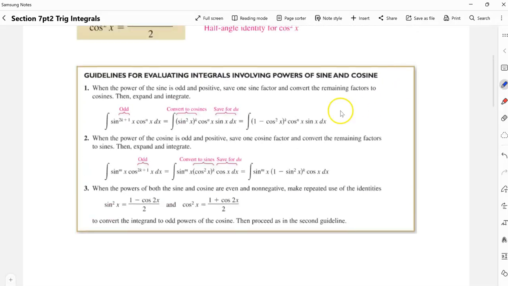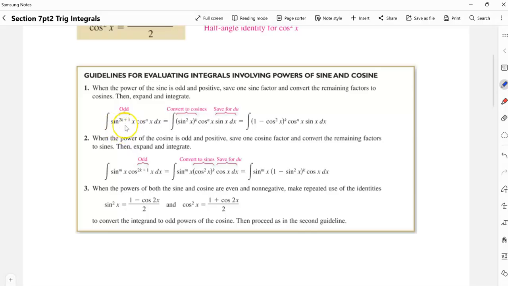So we could come up with some guidelines, and these are some possibilities that may work for you. This is not a definite rule, if this happens, then always do this. Once you get to higher level math, those if-this-then-that rules don't necessarily always work. It just depends on the problem.